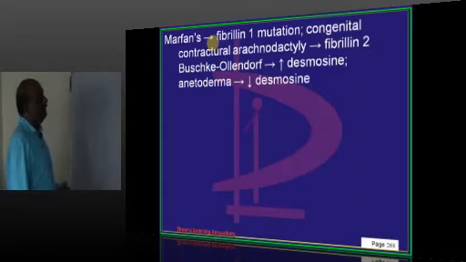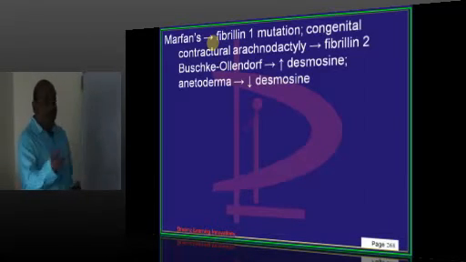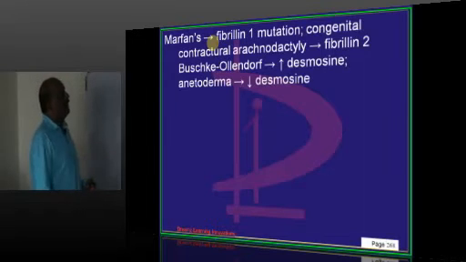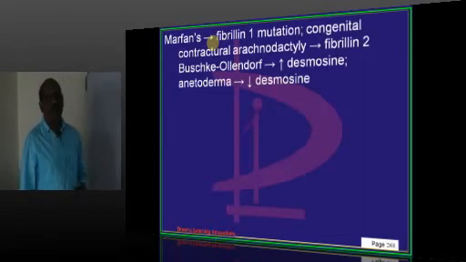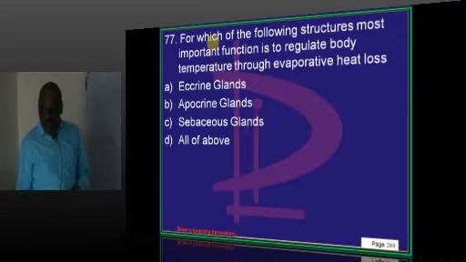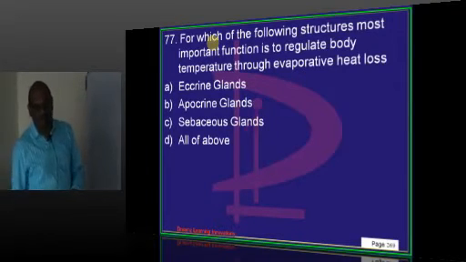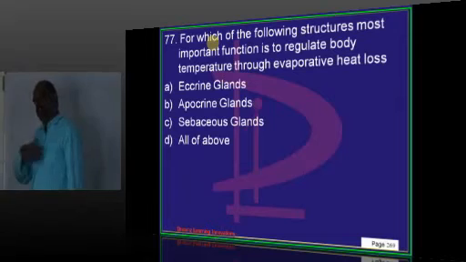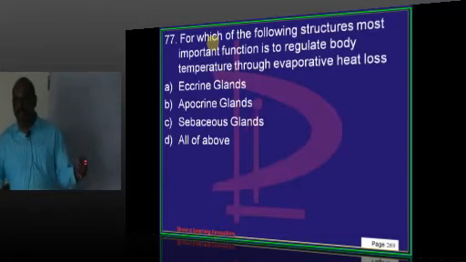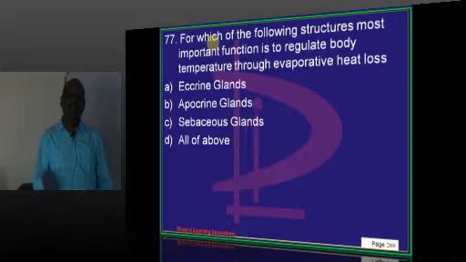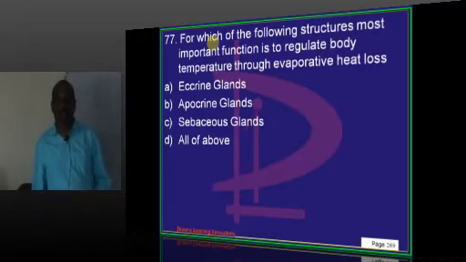Marfan is fibrillin 1, congenital arachnodactyly is fibrillin 2, Buschke-Ollendorff is desmosine. You don't need to remember all that idiotic stuff. Marfan, fibrillin 1, that is enough for this life. Pray to God and go ahead. You need to move forward. Otherwise, entrance books, fellows like us will be writing a lot of unnecessary stuff also and throwing it into printouts. Don't be carried away. But fibrillin 1 is high yield. That's very important.